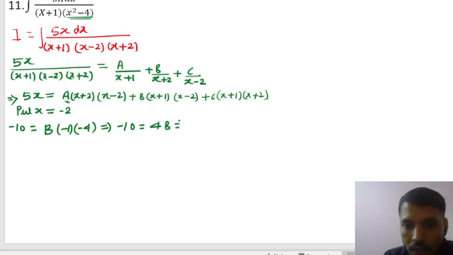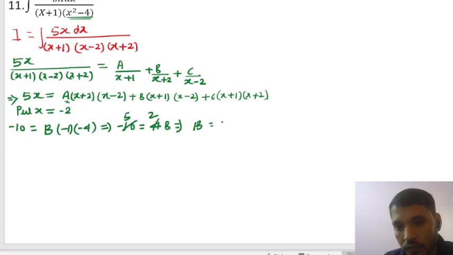We can cancel: 10 and 4, in 2 it is 5 and in 2 it is 2. So b will be equal to minus 5 by 2. So we got one constant value.